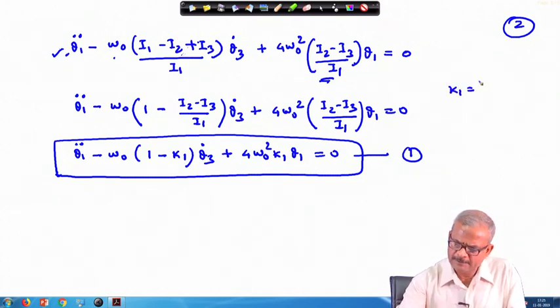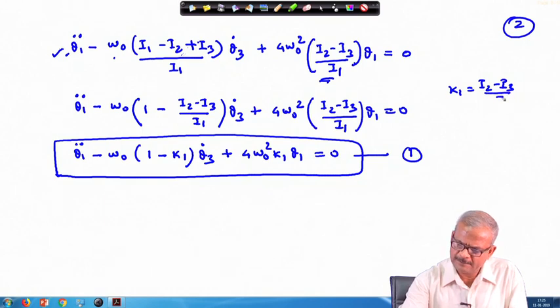Here k 1 equals (I 2 minus I 3) divided by I 1.